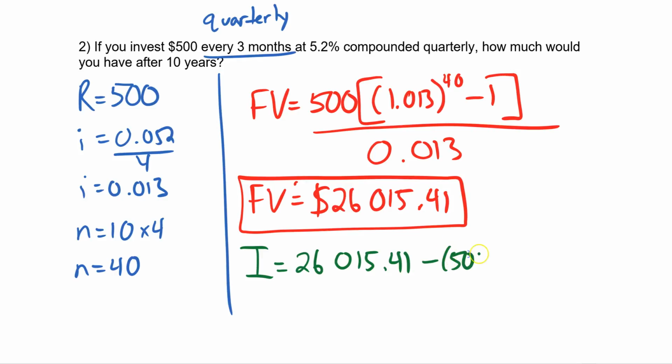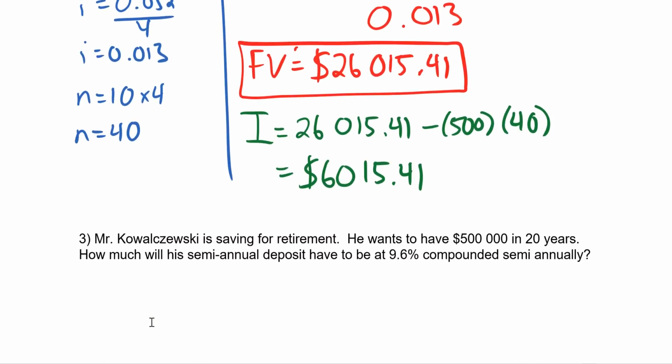Well, that $500 happens for 40 periods. So that payment happens 40 times, so $26,015.41 subtract this is how much we paid right here. So in total, we made interest of $6,015.41.